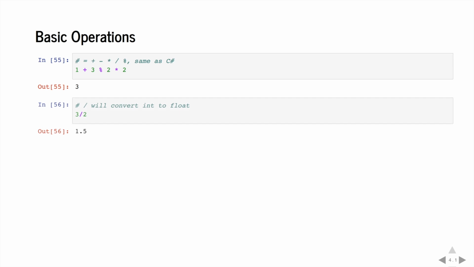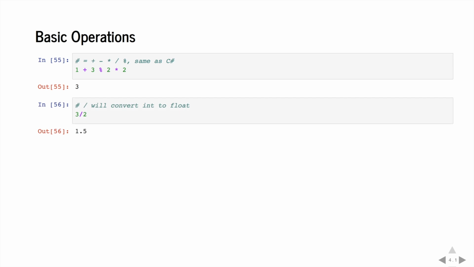Okay, so the basic types are not much different, and here are the commonly used basic operations. These are exactly the same as C sharp: equal, add, minus, multiply, divide, and mod.